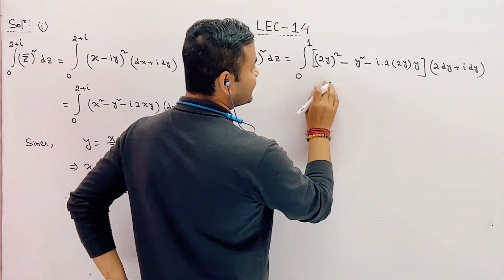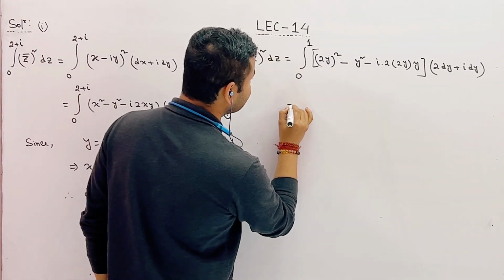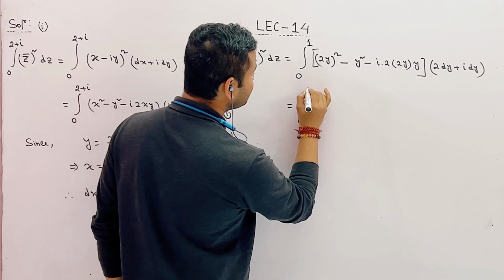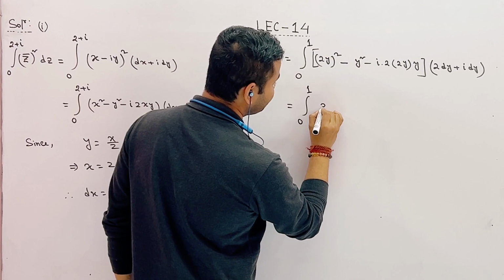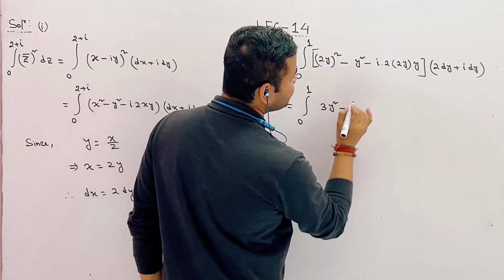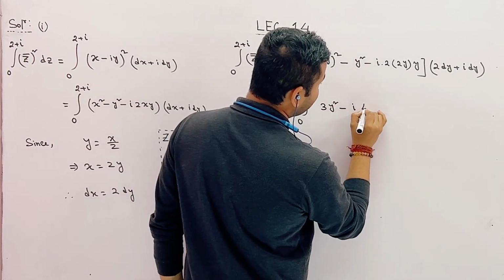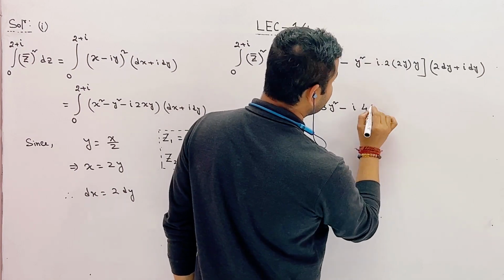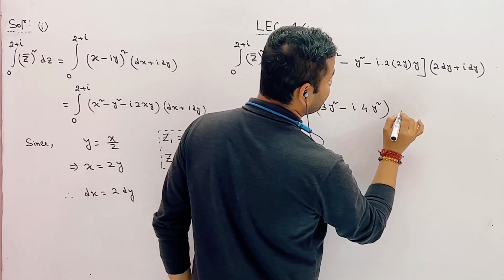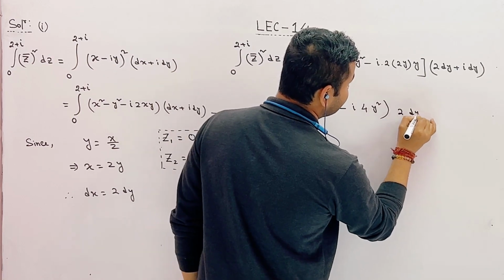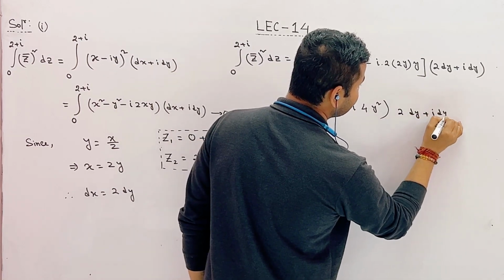After simplifying this part, we will get the integral from 0 to 1 of (4y square minus y square, that means 3y square, minus iota 4y square) into twice dy plus iota dy.